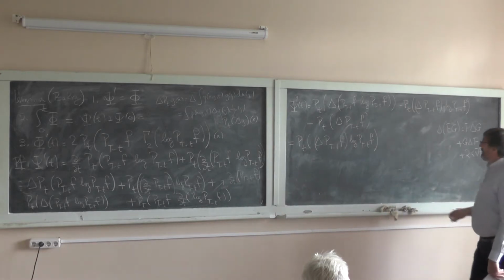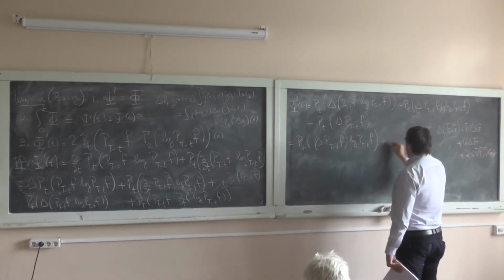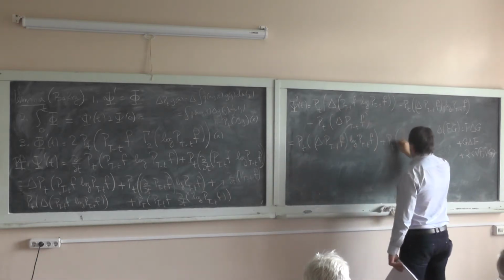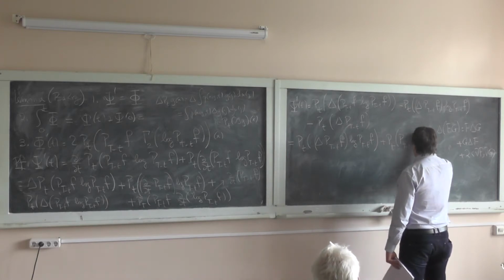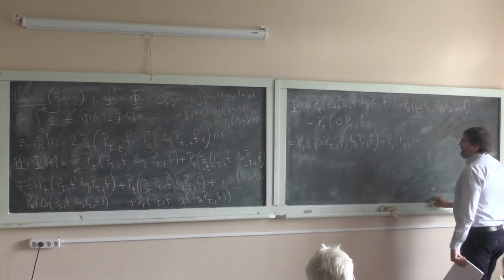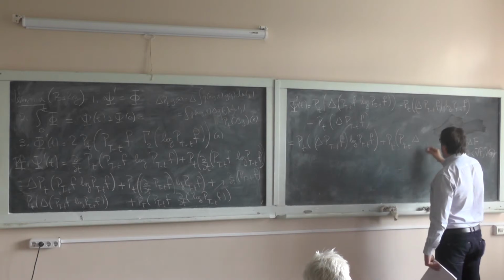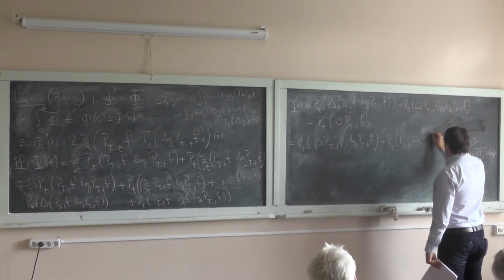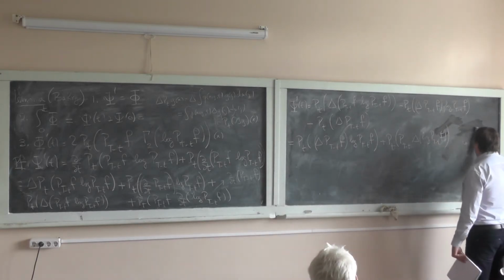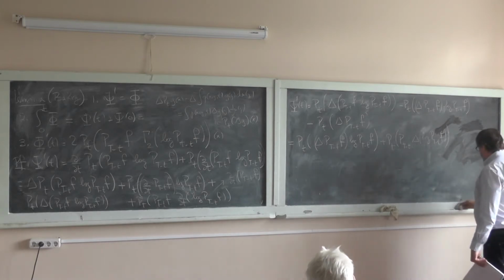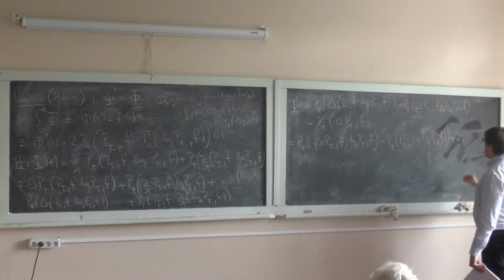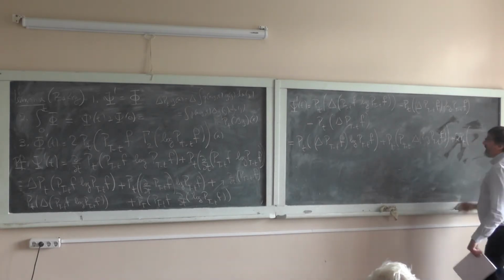Then I have plus pt of, so I have this times the Laplacian of this, pt minus t, Laplacian of log of t minus t f, plus twice pt of.